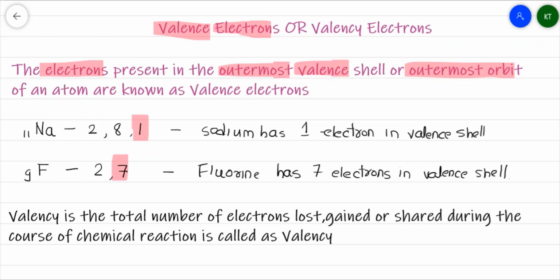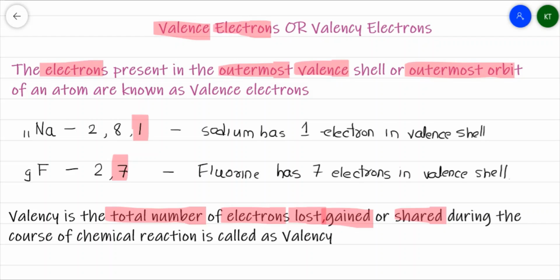Now, based on this, we try to define the valency. What does valency indicate? Valency is nothing but the total number of electrons which an atom of an element will lose, or will gain, or will try to share with some other atom during the course of a chemical reaction.